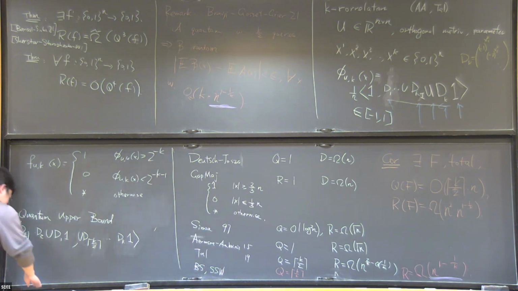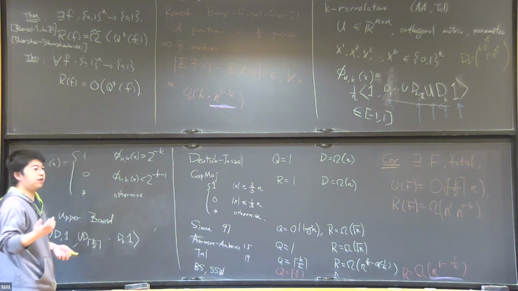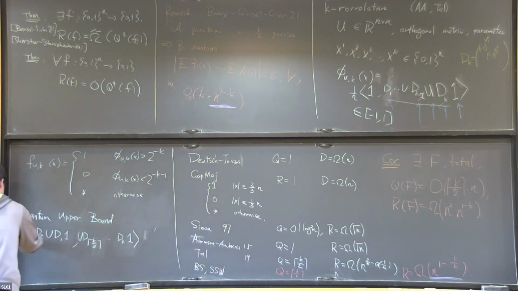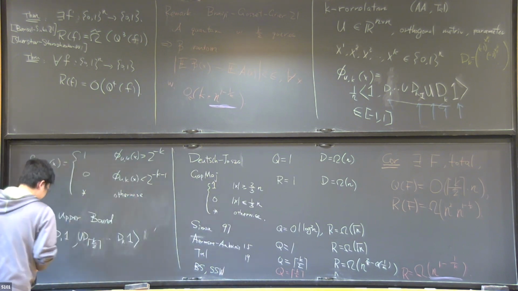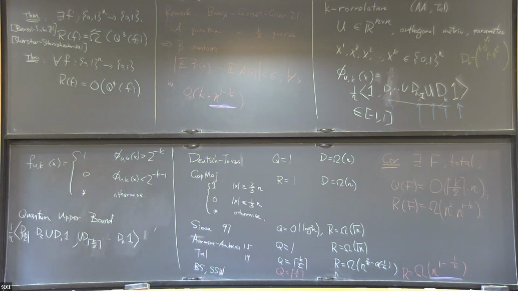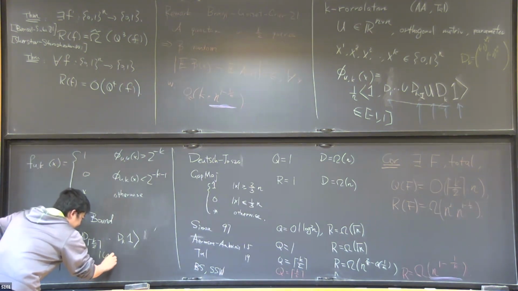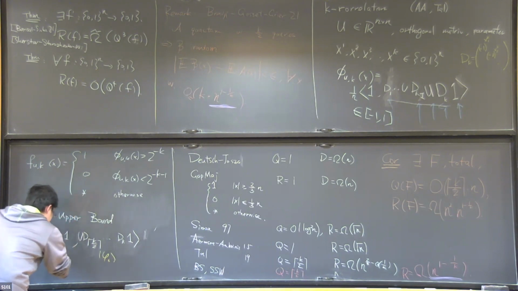And then in your quantum algorithm, you can actually prepare these two states in parallel, on a disjoint set of bits. Yes. So you can actually prepare these two states in parallel.